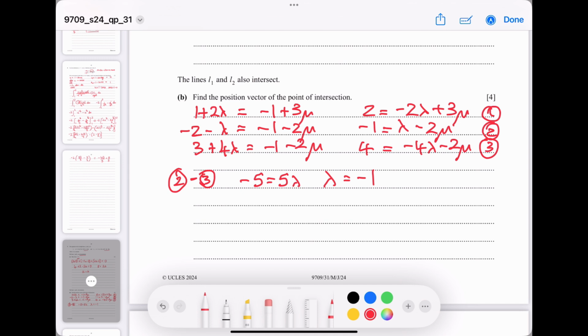Let's just check that that gives me the same value when I bring in equation 1. So what I'll do is I'll have 2 lots of equation 1, and I'm going to add that to 3 lots of equation 3.